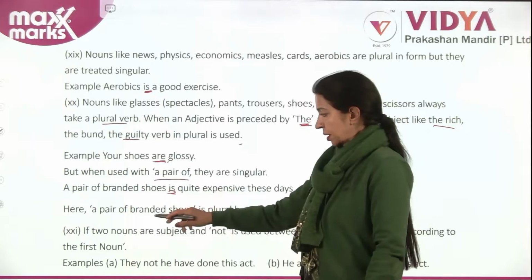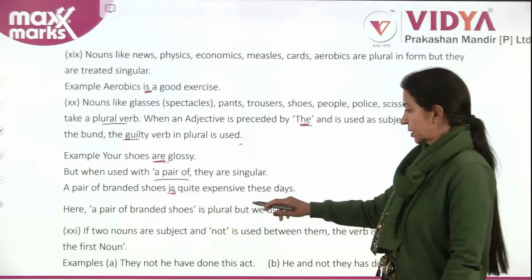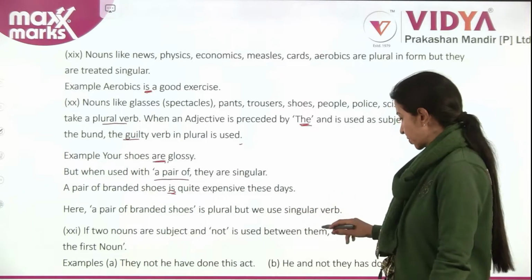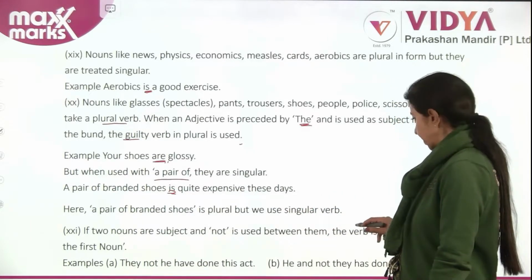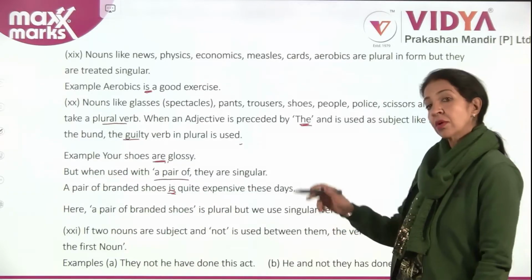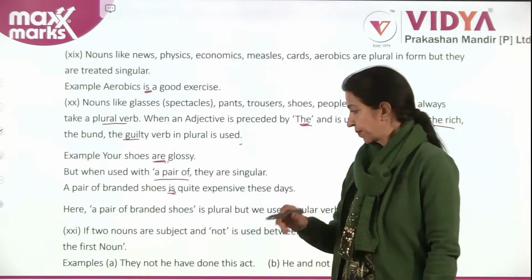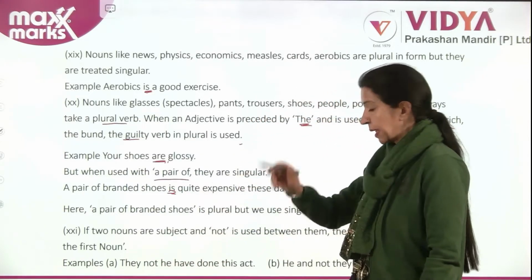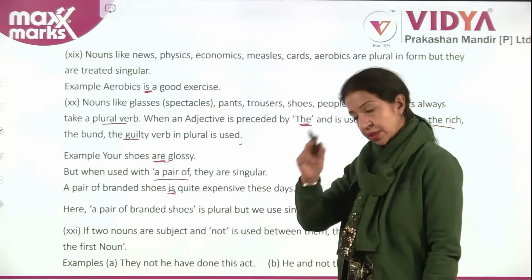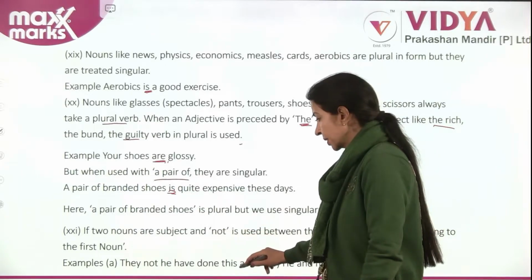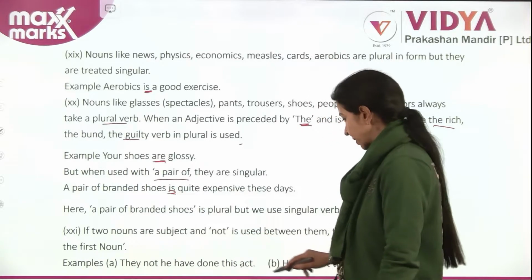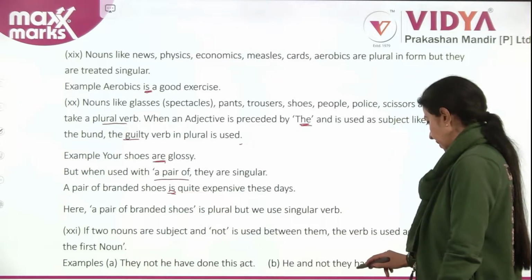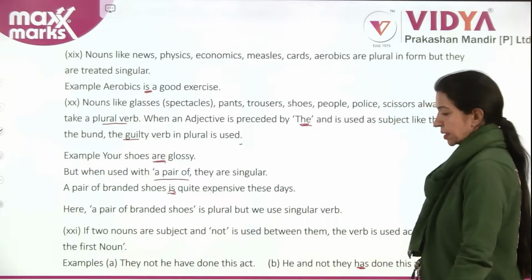Now, next, if two nouns are subject and not is used between them, the verb is used according to the first noun. Examples: they, not he, have done this act. Next, he and not they has done this act.